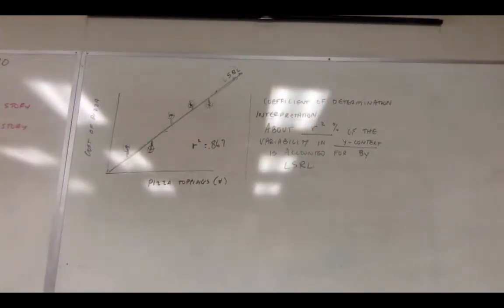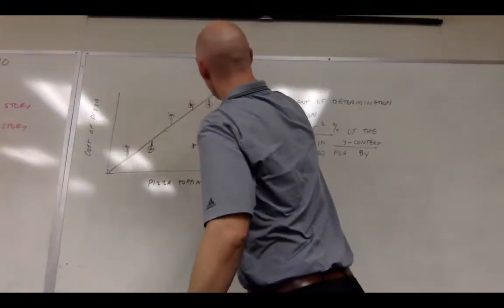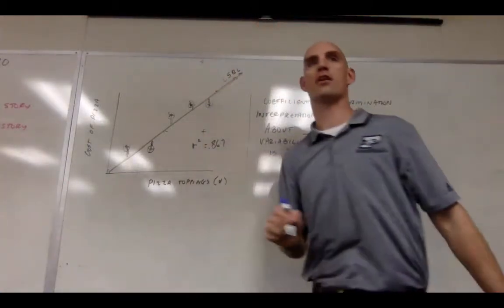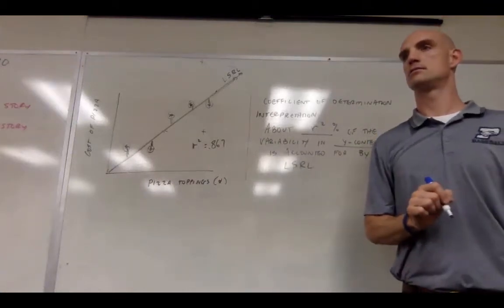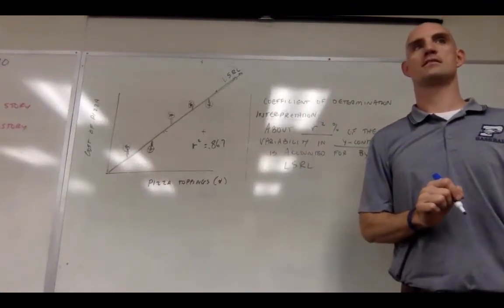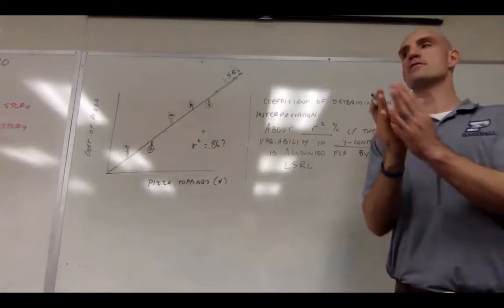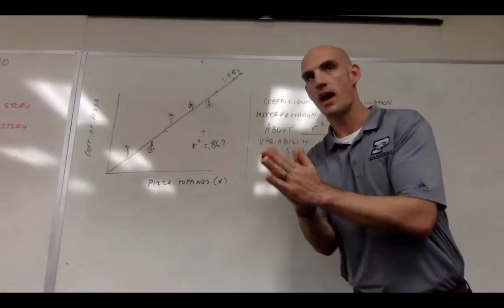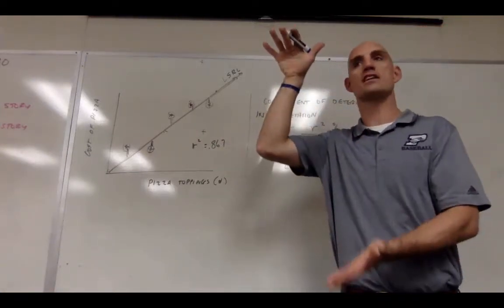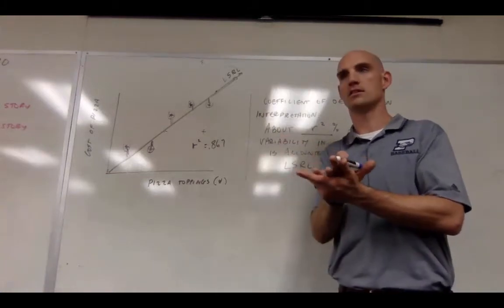Closer or farther away would mean that if I've got values that are way up here, is my R squared value going to go up or down? Okay? So the amount of variability, how far they are from the least squared regression line, is accounted for by the R squared value.